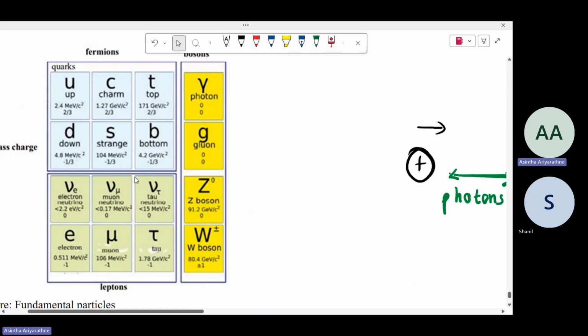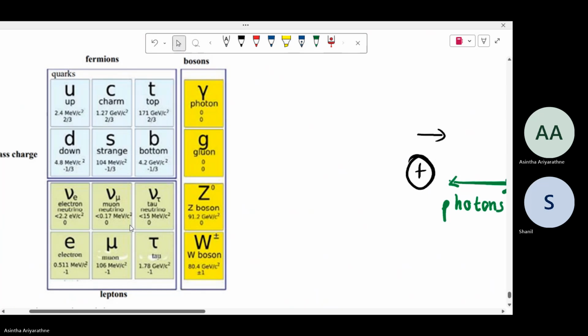Electron is still considered a fundamental particle, but neutron and proton are not considered fundamental particles now.